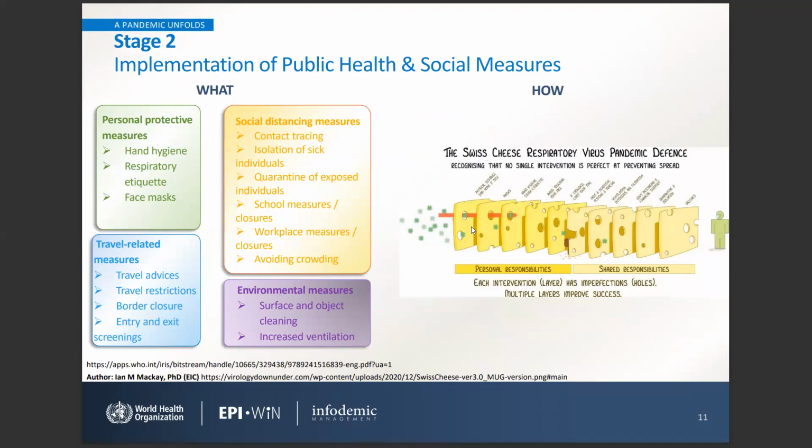But I'd like to add something here. Implementation of public health and social measures. We can identify information along these 4 categories. Personal protective measures: you can use the habit of wearing face masks, hand hygiene, and respiratory etiquette.